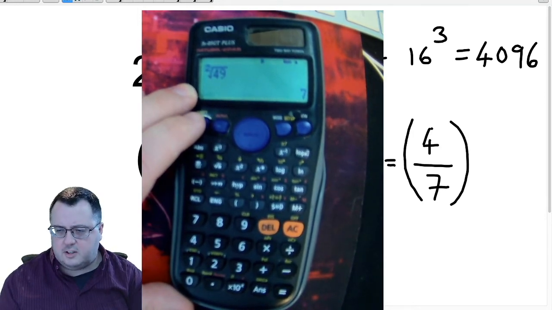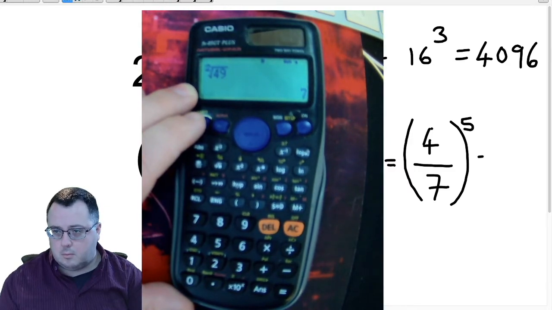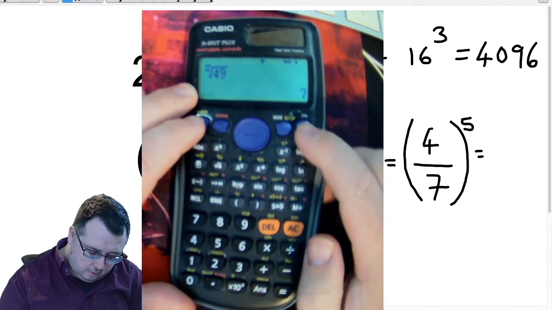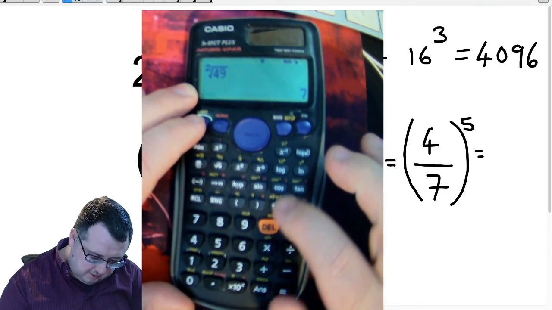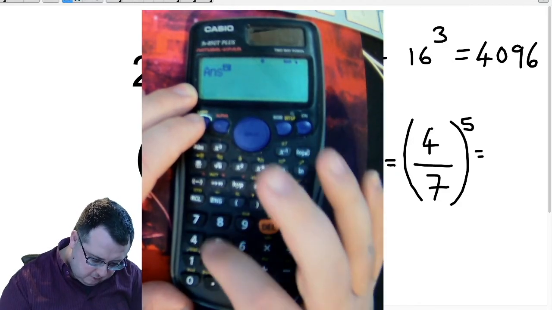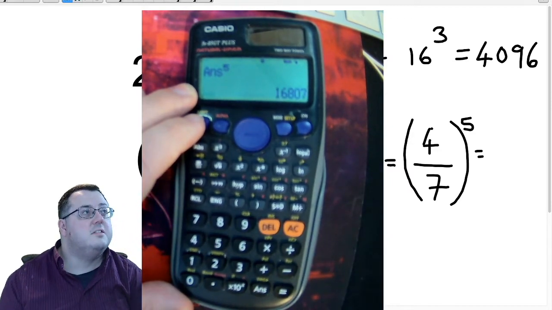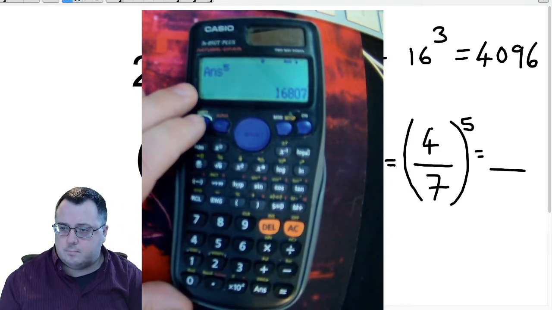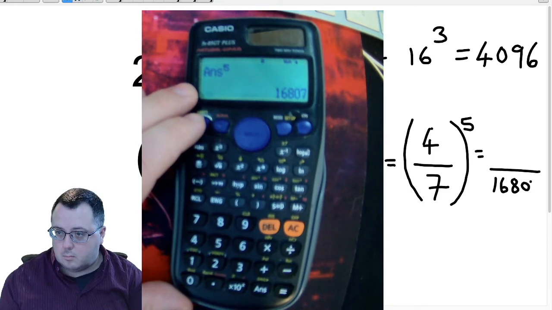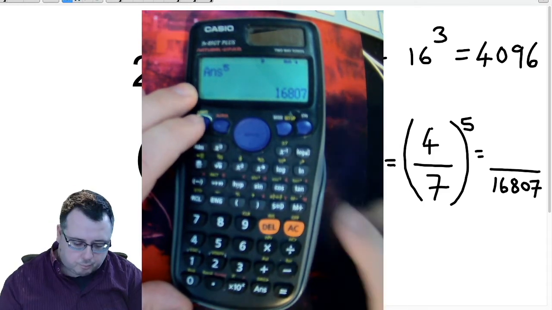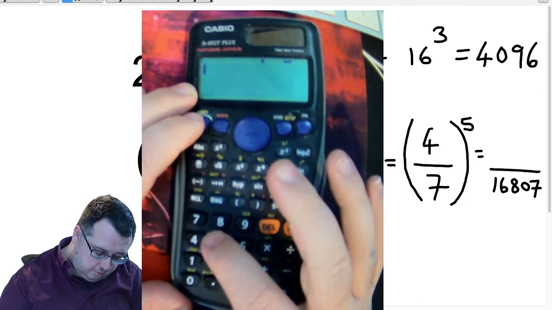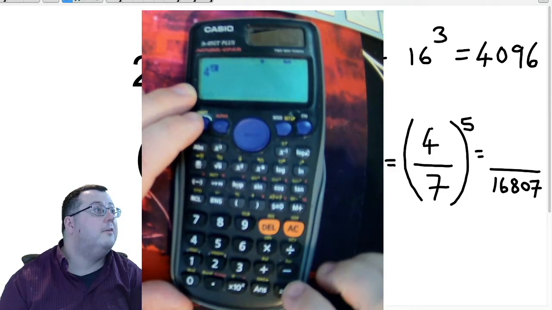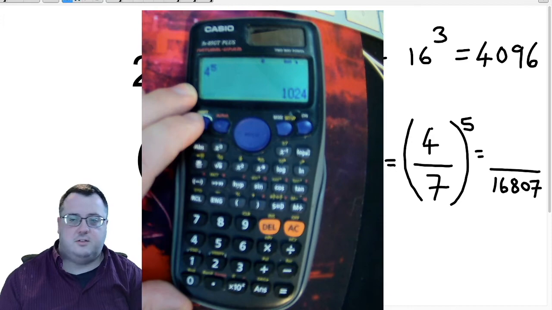Now this fraction will be raised to the power 5. So let's do the 7 first as it's on the screen. Raise that to the 5, we get 16,807. Then we need to do 4 to the power 5, which is 1024.